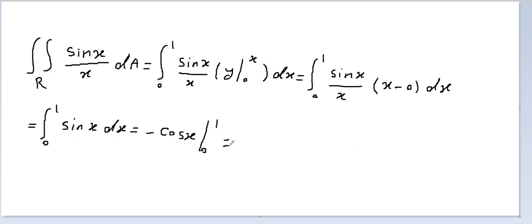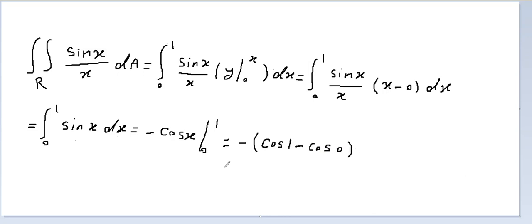So we have minus cosine 1 radian minus, minus cosine 0.